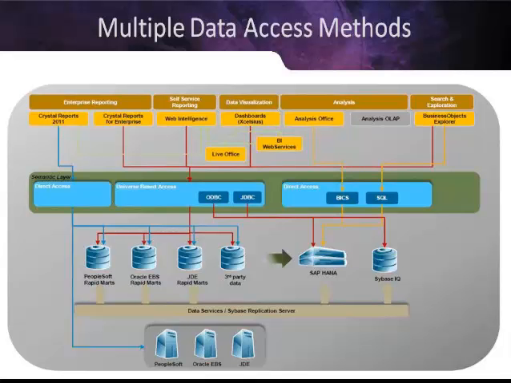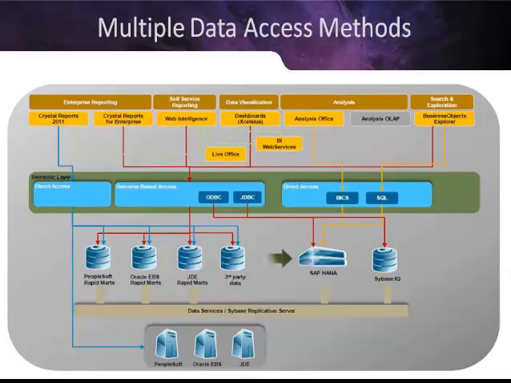Okay, on this slide we see the multiple data access methods that are available, and I'm not really going to focus on the details in today's presentation, but at a high level, this shows the 5 different tools that we've talked about, so Crystal Reports, Web Intelligence, Dashboards, Analysis, and Explore. And you can also see that they're all capable of connecting to your information wherever it is.